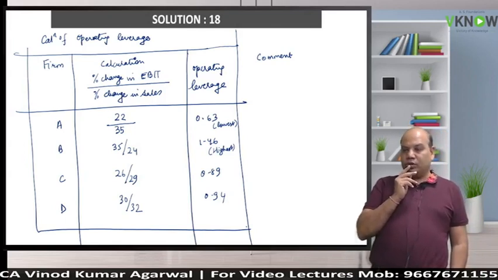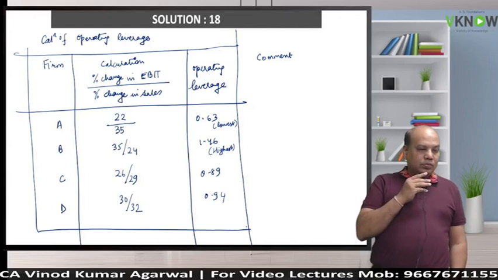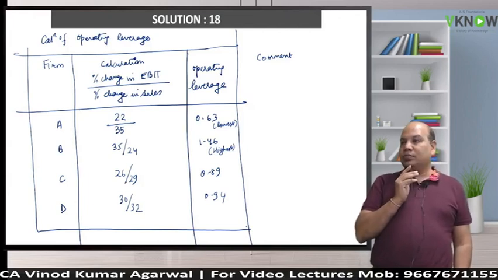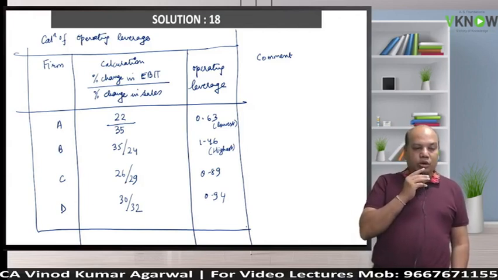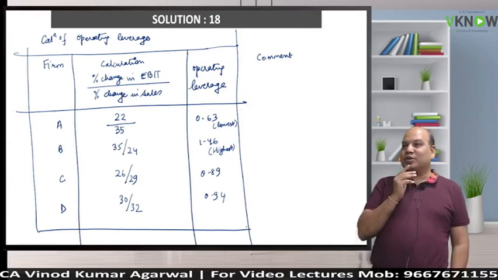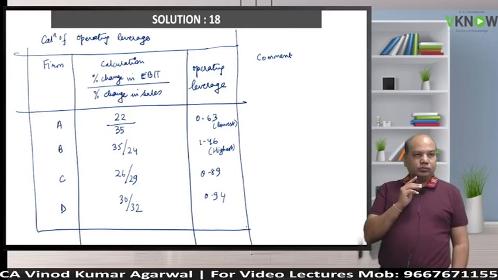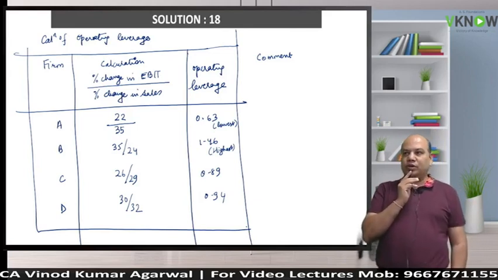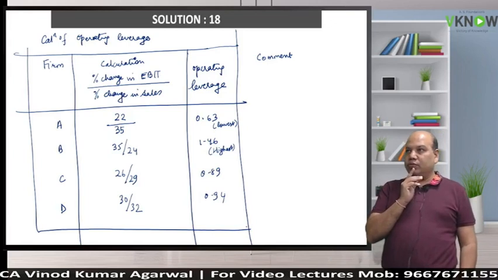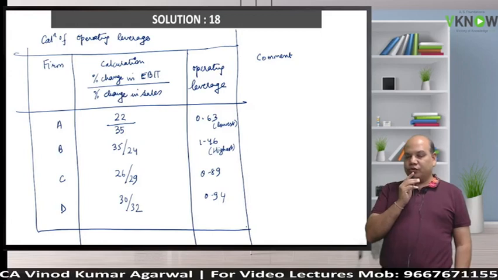The question seems to be wrongly drafted because operating leverage cannot be between 0 and 1.